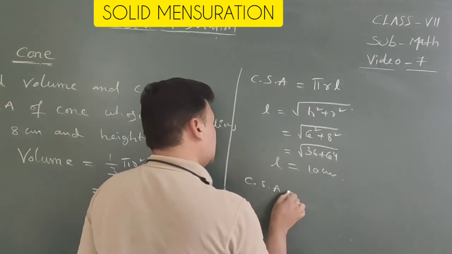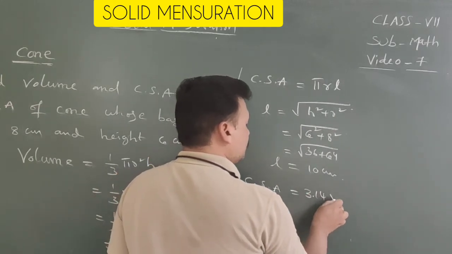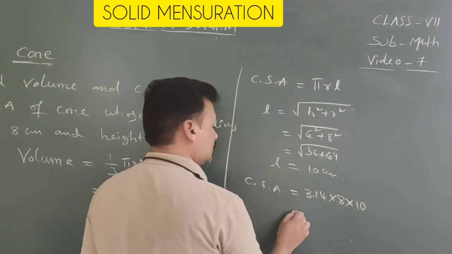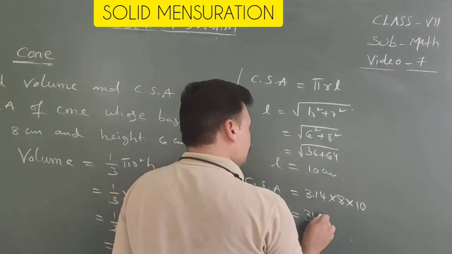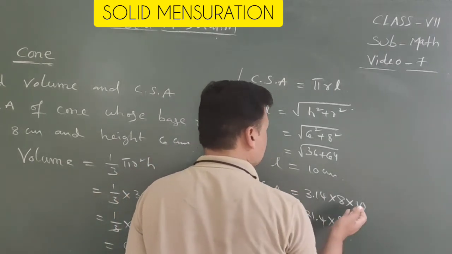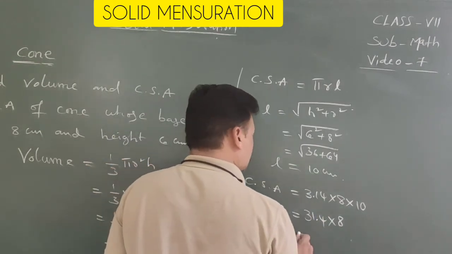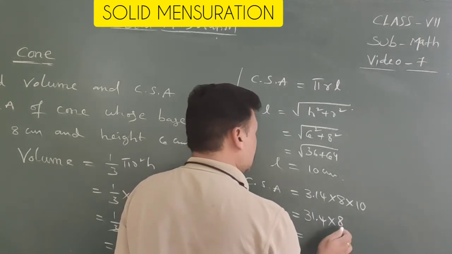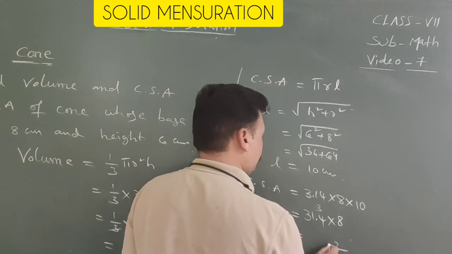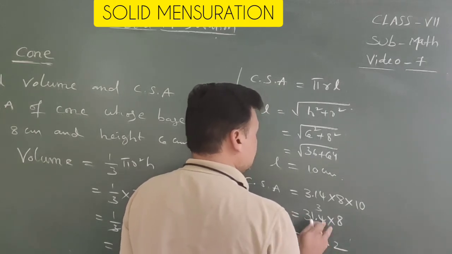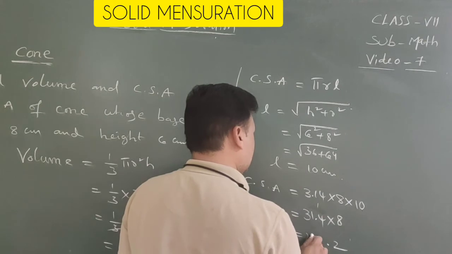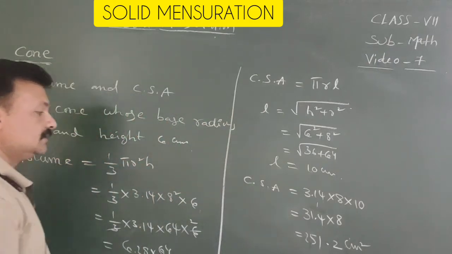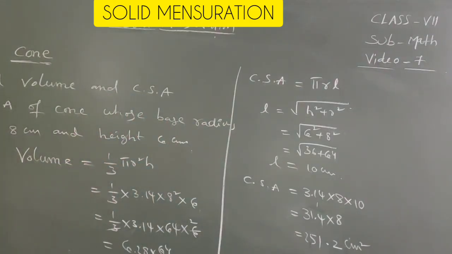So CSA equals 3.14 into 8 into 10. Here 31.4 into 8. If you multiply anything by 10, the decimal point moves, so 3.14 becomes 31.4. Then 31.4 into 8, and we get 251.2 centimeters square as the CSA of a cone.